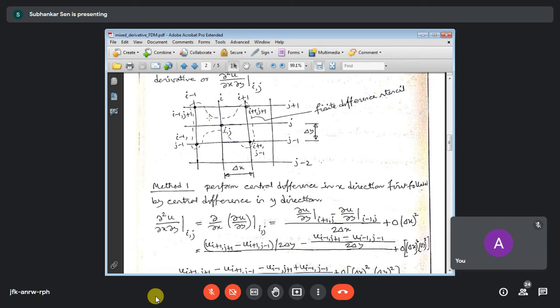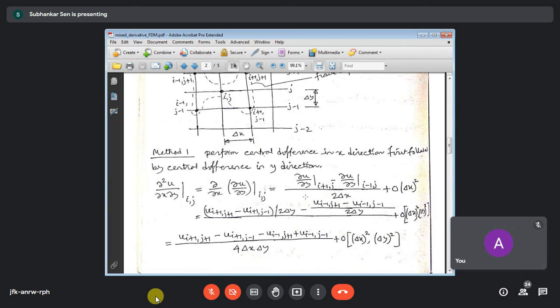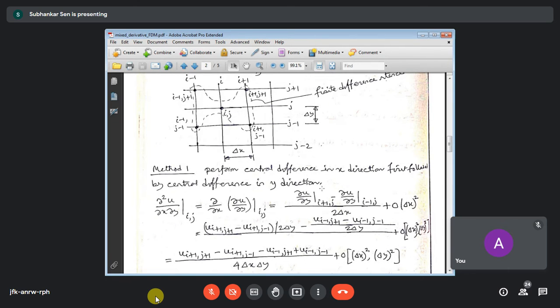Vertical direction you are moving. So your i is not changing, but j will change. For this term, i is not changing. So i is becoming i plus 1, but j is changing. So j will be j plus 1, and for the other term it will be j minus 1. So it is j plus 1 and j minus 1.